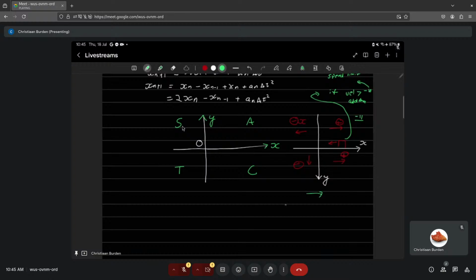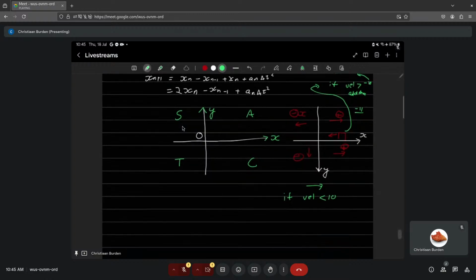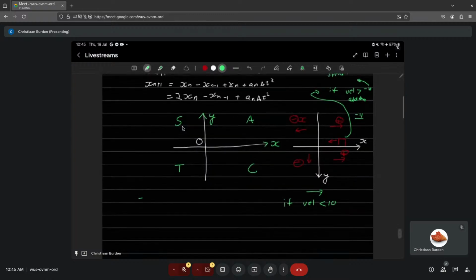So we're going to check if the velocity is, it should be greater than 10. Let me just think. Yeah, it should be smaller than 10, because we want velocity to be limited to the absolute value of 10.